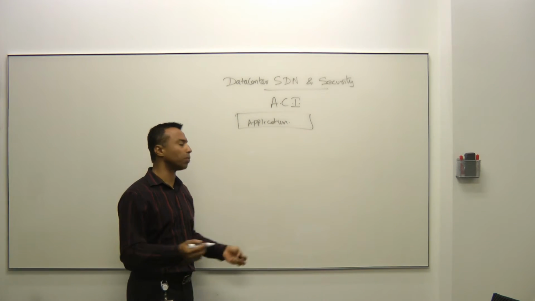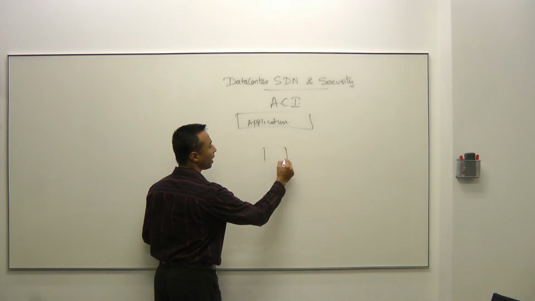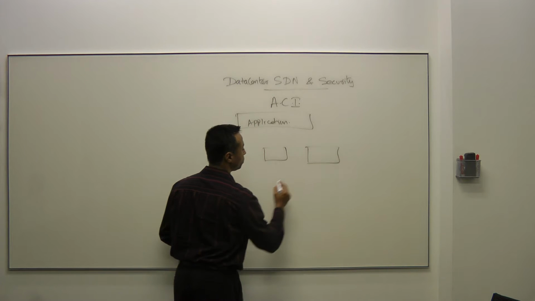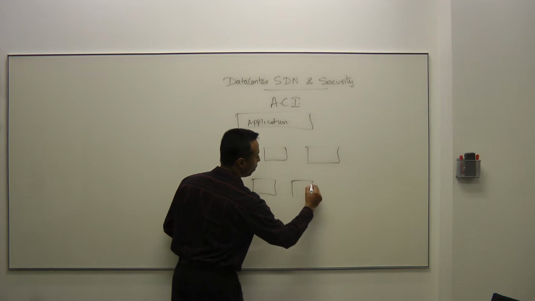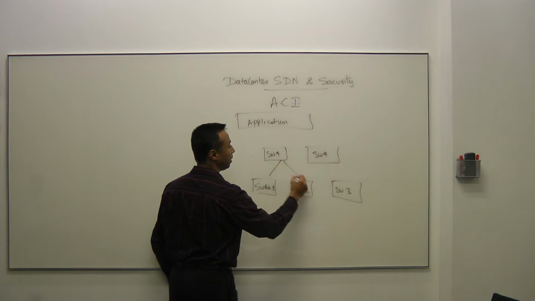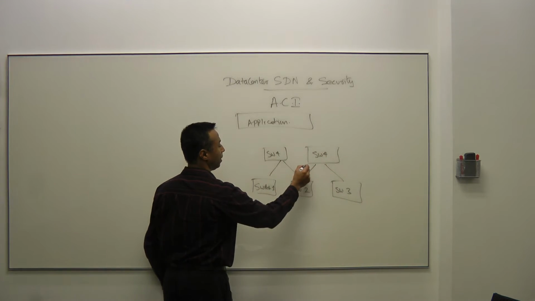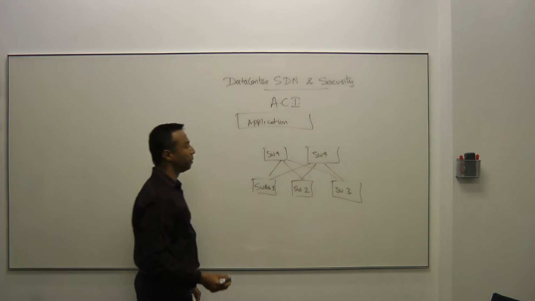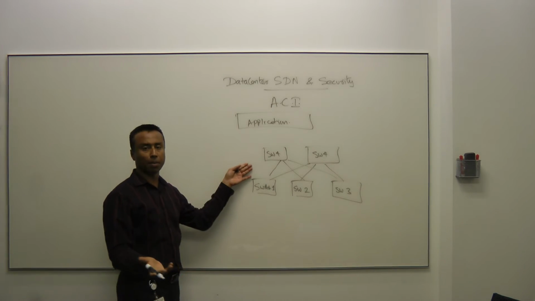When you think about it, a network is nothing more than a collection of switches and routers. So here we have a handful of switches, and they are just interconnected between each other, and this is what typically a network looks like.